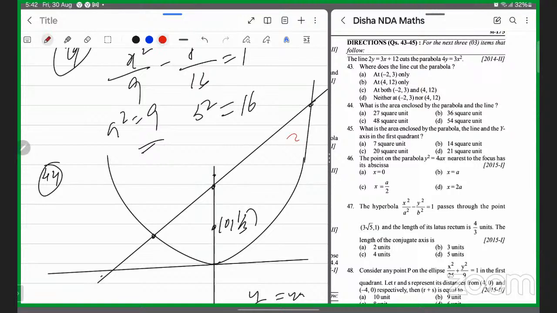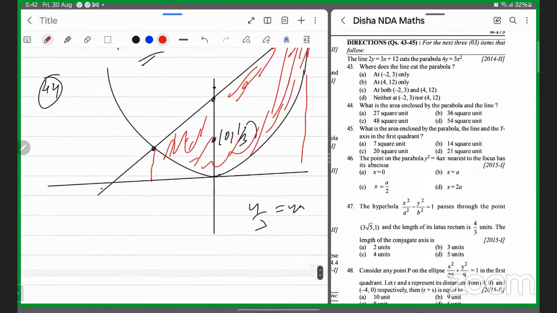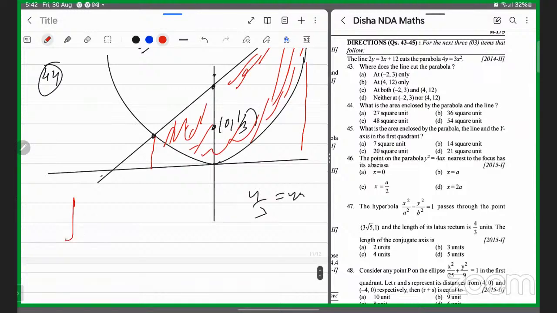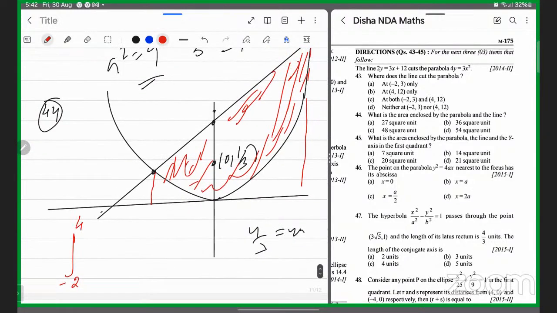You have to find this area. So integrate from minus 4, sorry, C, that means minus 2.